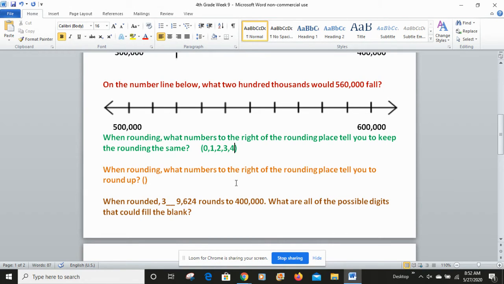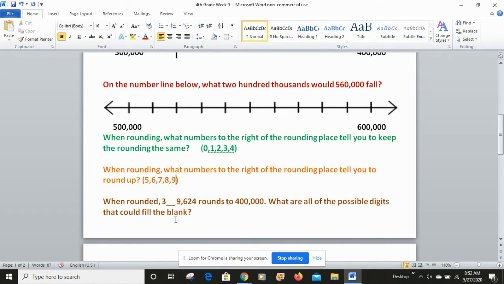When rounding, what numbers to the right of the rounding place tell you to round up? That would be the rest of the digits, starting with 5, 6, 7, 8, and 9. So these digits tell the rounding place to stay the same. These digits tell the rounding place to go up.